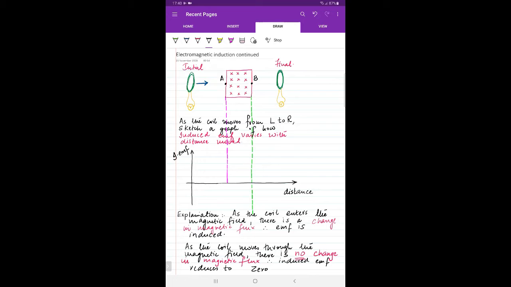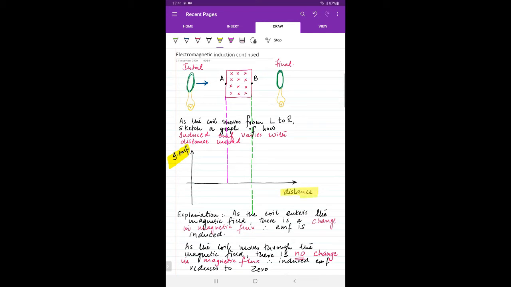Now the question is asking you to suggest, as the coil moves from left to right, L to R, sketch a graph to show how induced EMF varies with the distance moved. So on the vertical axis, induced EMF; horizontal axis, distance moved.